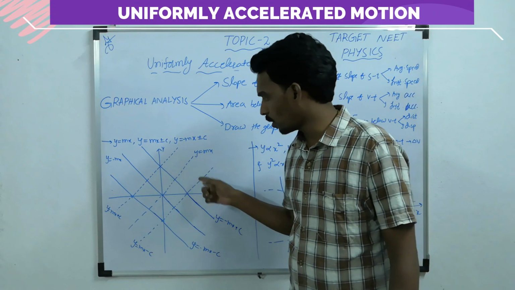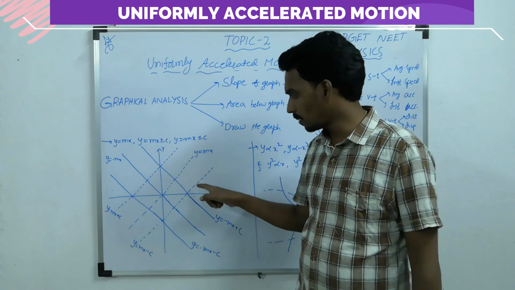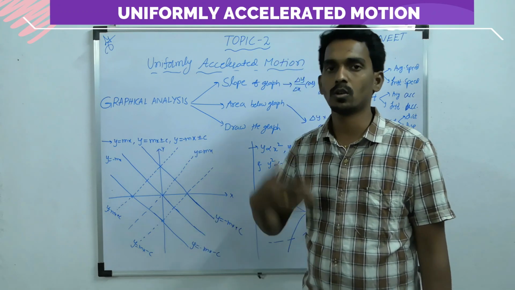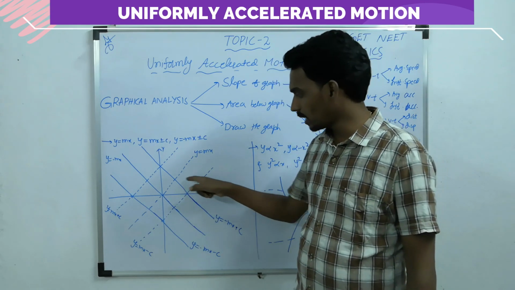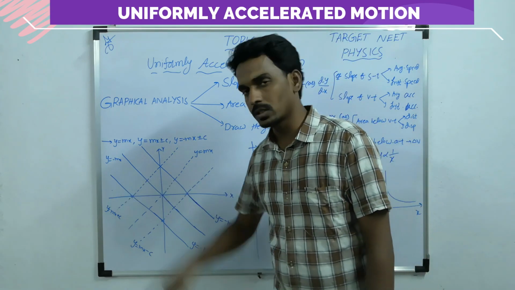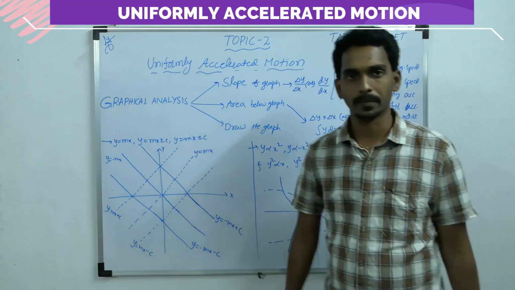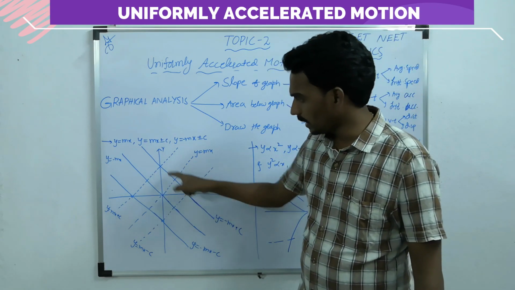So these are the positive slopes, represented with dotted lines. They make an angle less than 90, so tan theta is positive, so the slope is positive. But these are the thick lines which make an angle greater than 90 with the positive x-axis, so tan theta is negative, so the slope is negative. And these are the graphs having intercept.